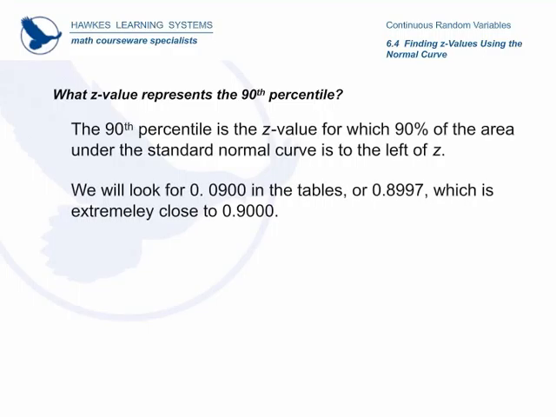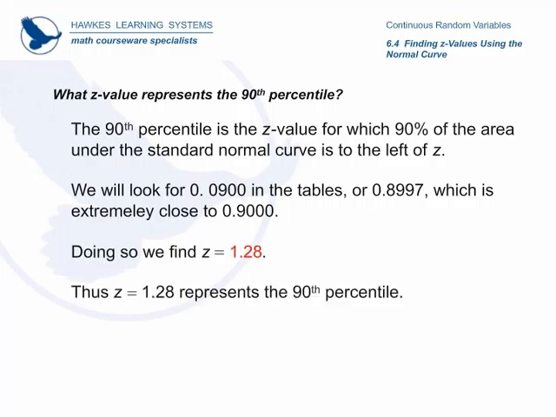We will look at 0.9000 in the tables, or 0.8997, which is extremely close to 0.9000, or the 90th percentile. Doing so, we find z equals 1.28. Thus, z equals 1.28 represents the 90th percentile.